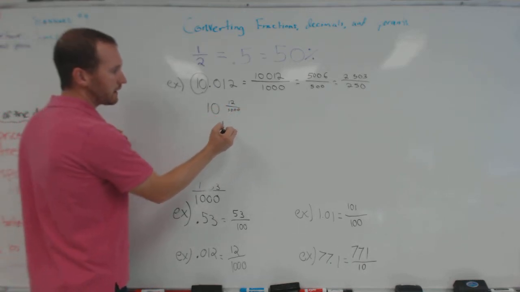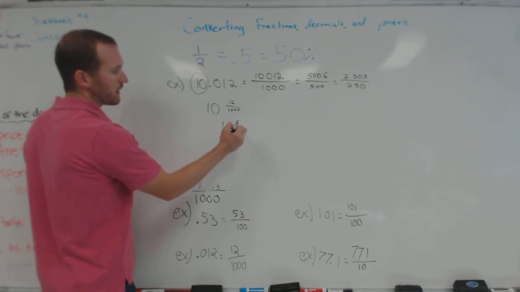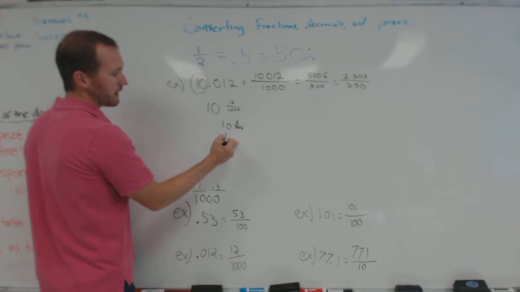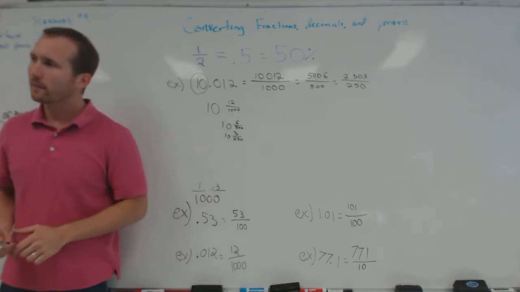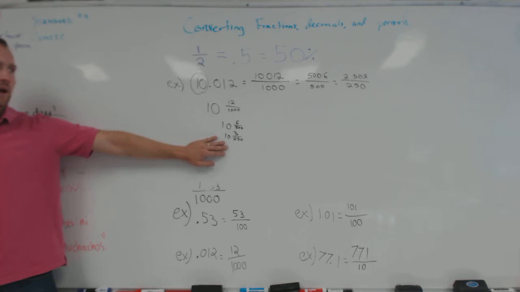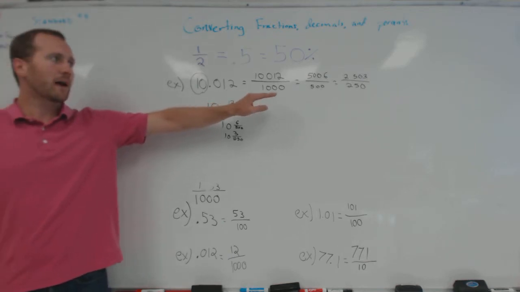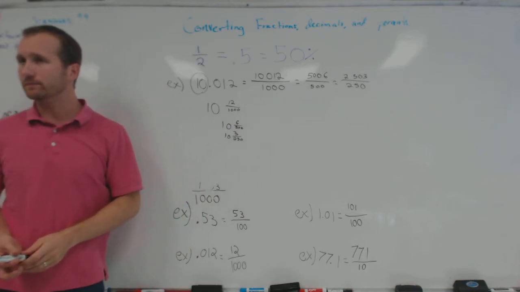Then I would reduce that, 10 and 6 500ths, 10 and 3 250ths. Is it okay if we do it like that though? Yeah. You can do it like that. I think in algebra that improper fractions are a lot more useful.